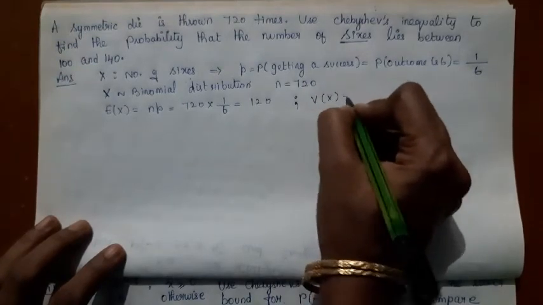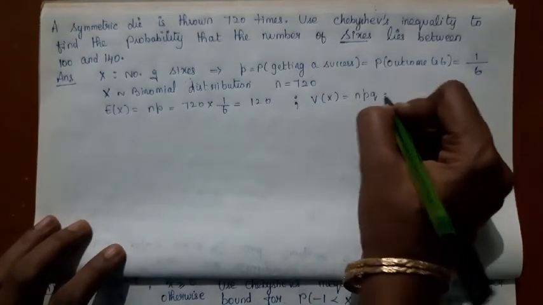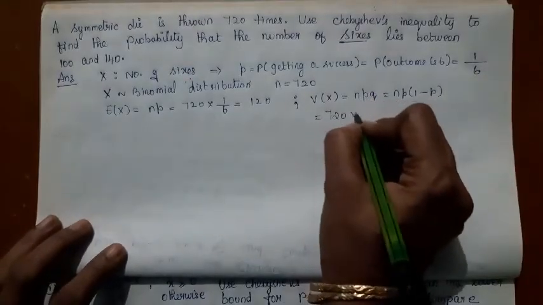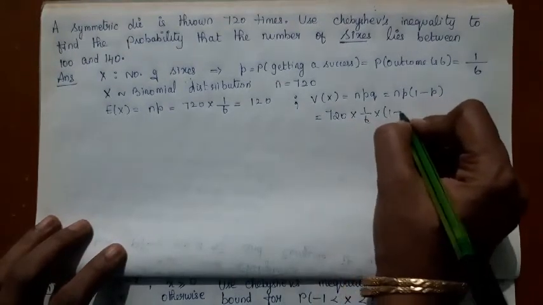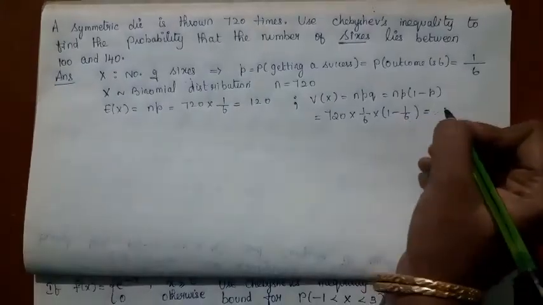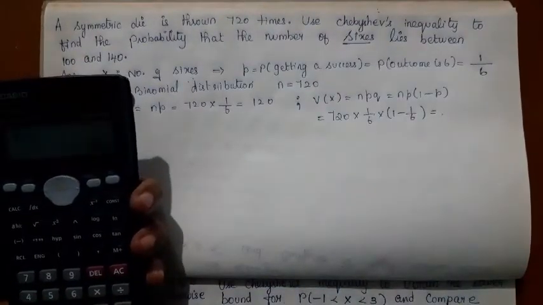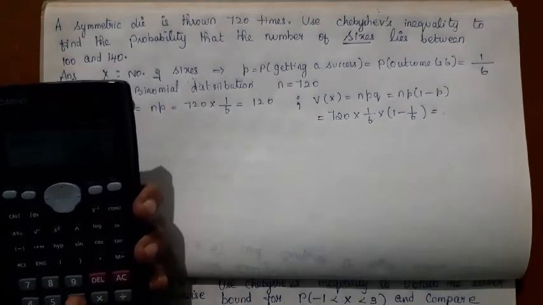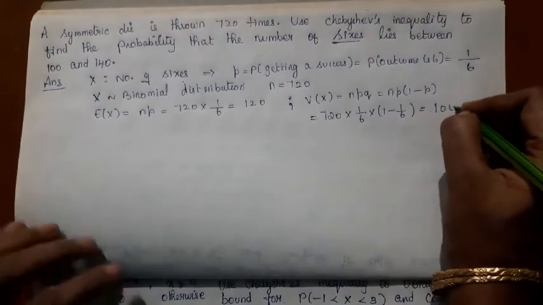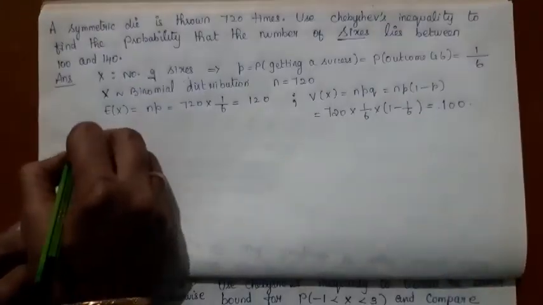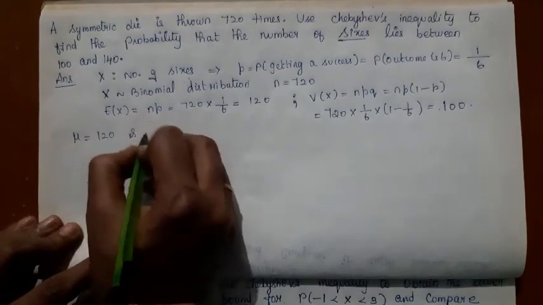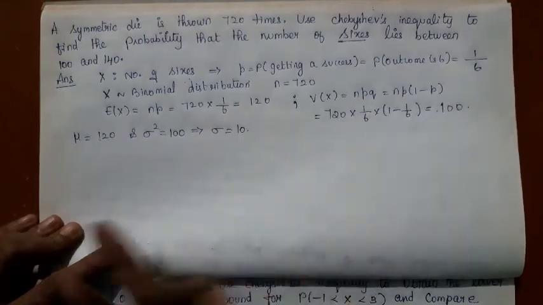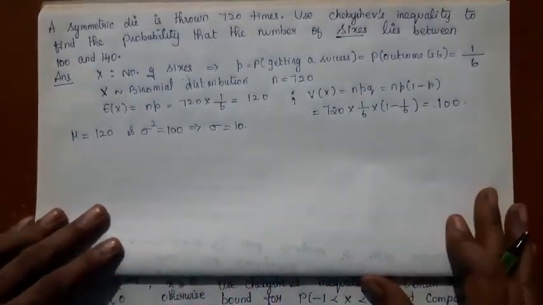And variance of x is n into p into q, that is n into p into 1 minus p. 720 into 1 by 6 into 5 by 6. So you get 100. So your mu is equal to 120 and sigma square is equal to 100, which implies sigma is equal to 10. Don't write plus or minus, sigma cannot be negative.